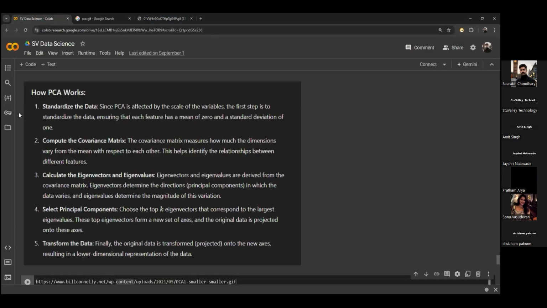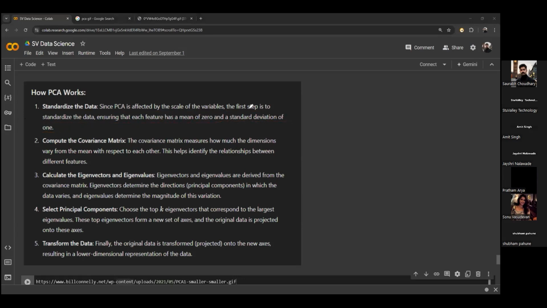All right. So, standardize the data. Since PCA is affected by the scale of the variables, the first step is to standardize the data, ensuring that each feature has a mean of 0 and a standard deviation of 1.